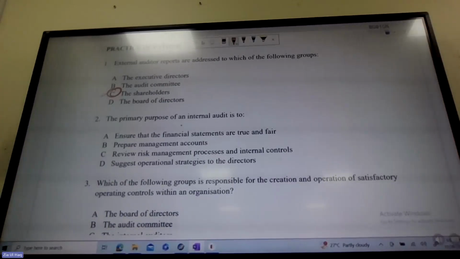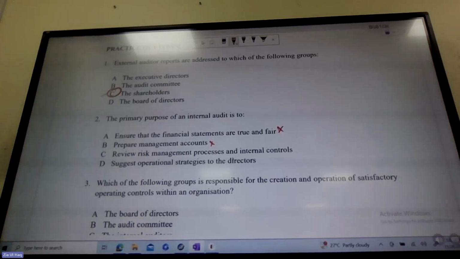The primary purpose of internal audit is to ensure that the financial statements are true and fair. No, this is the purpose of the external auditor rather than the internal auditor. Prepare management accounts. No, this is the purpose of the management of the company rather than the internal auditor.